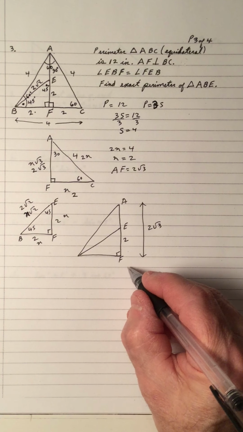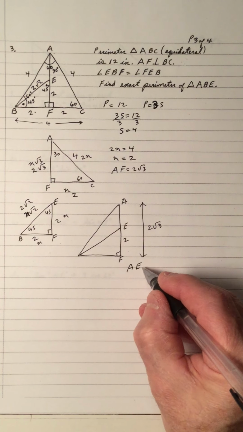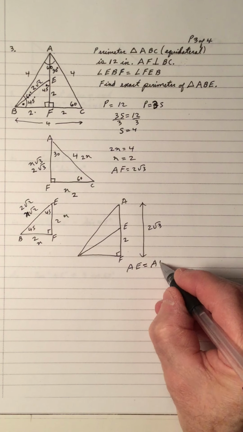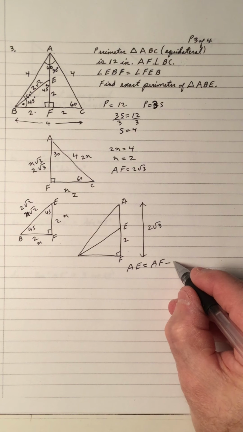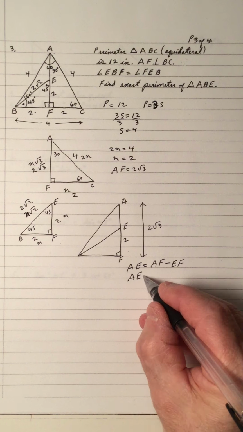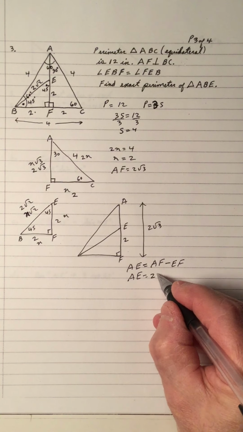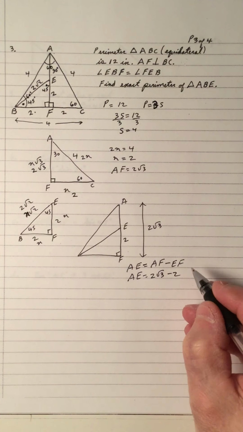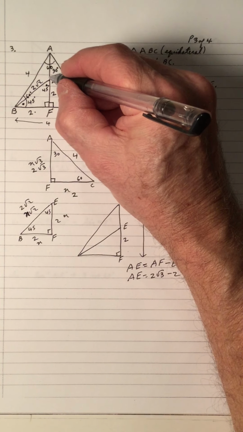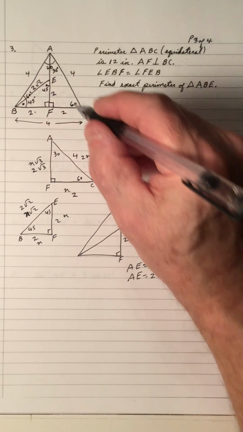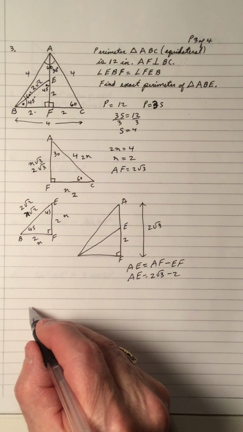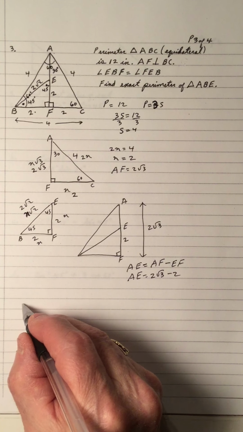So that means that AE is equal to AF minus EF. So AE is equal to AF, which is 2 root 3 minus 2. So this segment right here is 2 root 3 minus 2. Keep that in mind.